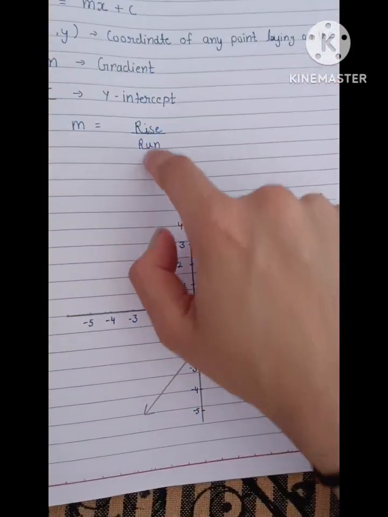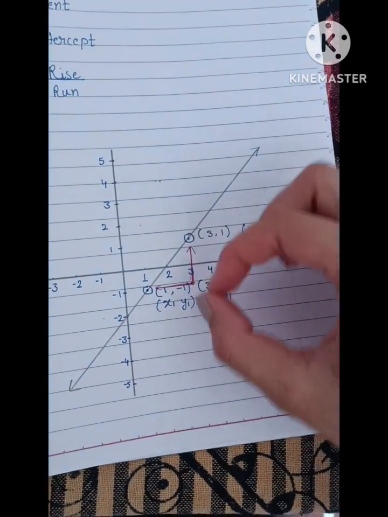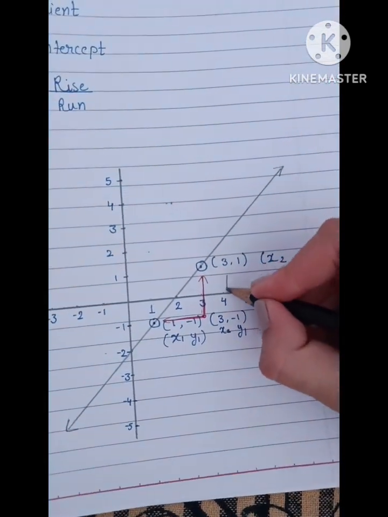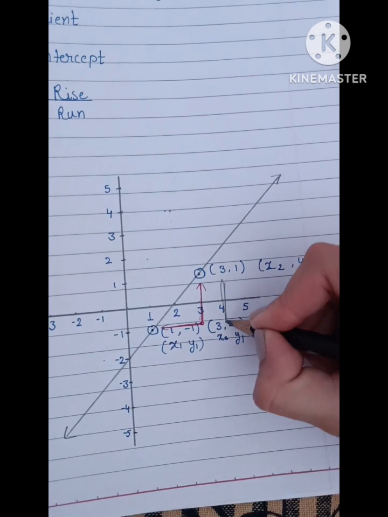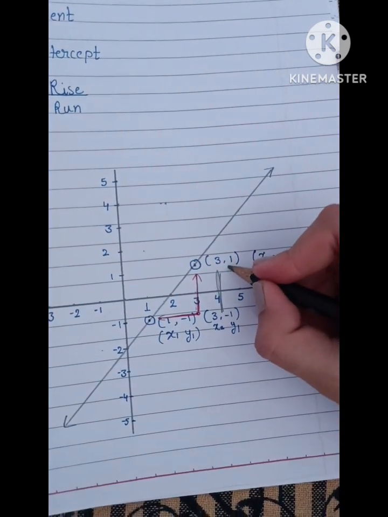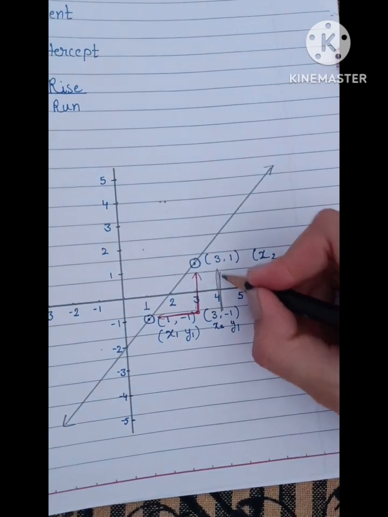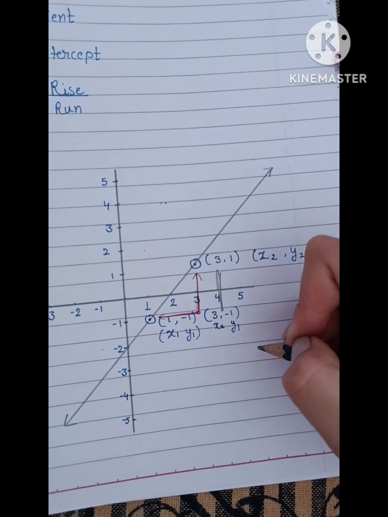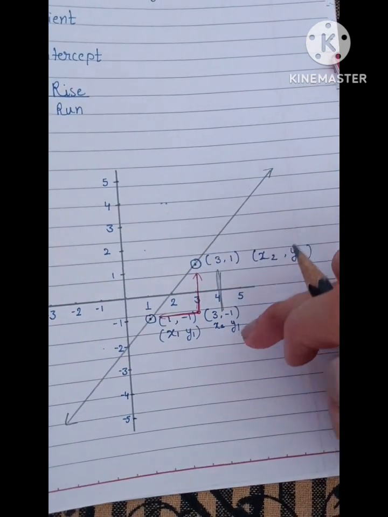Now for the rise, I need this distance. So how do I calculate this distance? This is from this point to this point, meaning -1 to 1. From -1 to 1 you have 2 centimeters, right? The difference between these two coordinates.